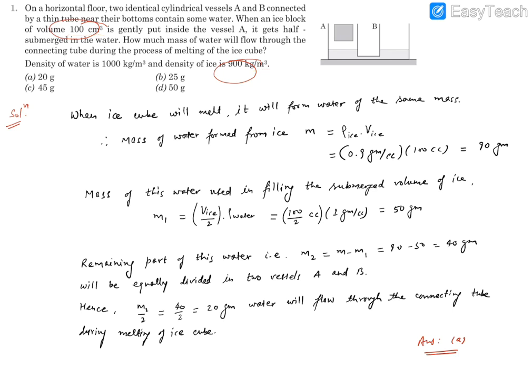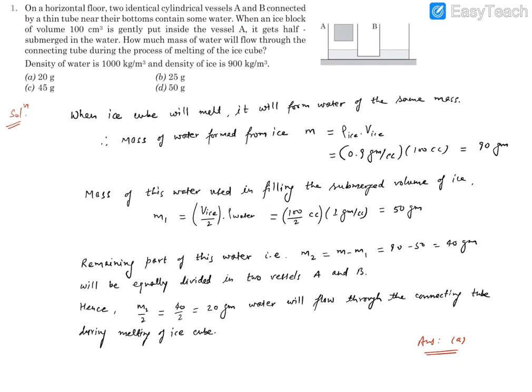Now this is written in centimeter cube and this is in kg per meter cube, so this can be converted into gram per cc, which comes out to be 0.9. So we can write density as 0.9 gram per cc and volume is 100 cc. cc means centimeter cube. So this converts into 90 gram. That means ice, when it melts, creates 90 gram of extra water apart from the water that was there in the vessels.